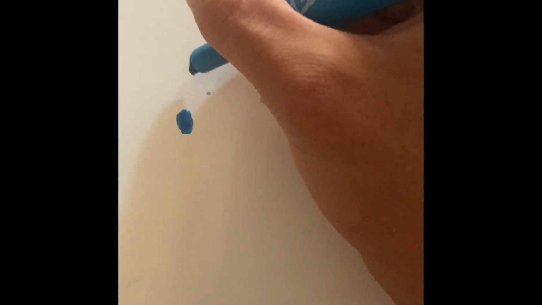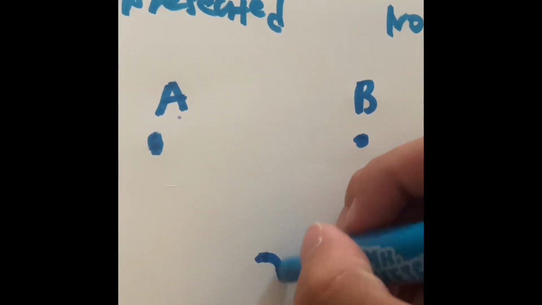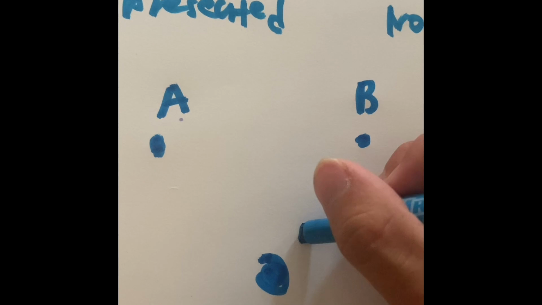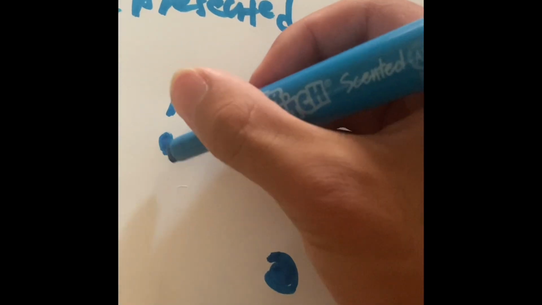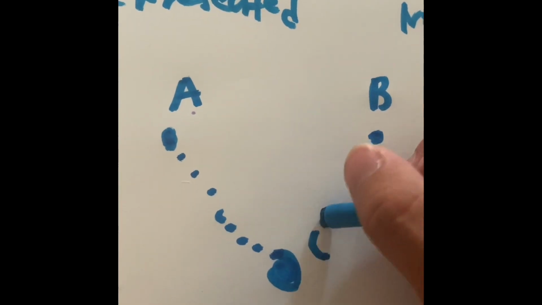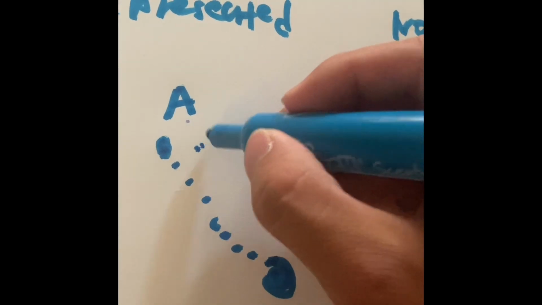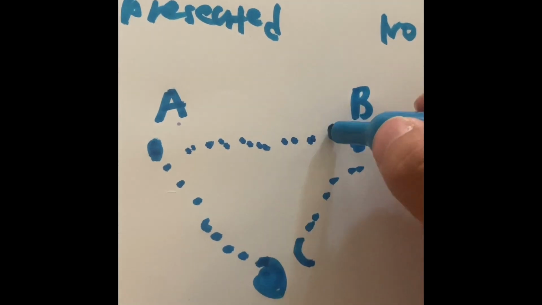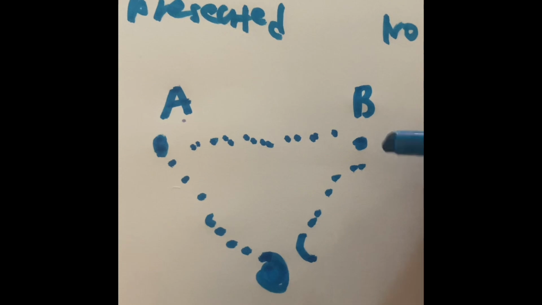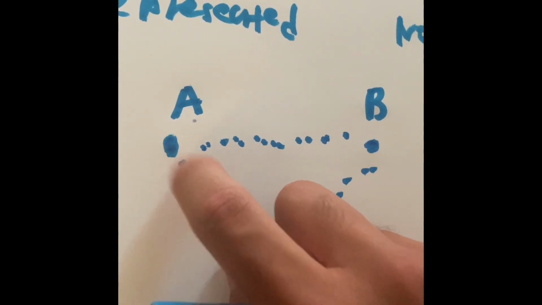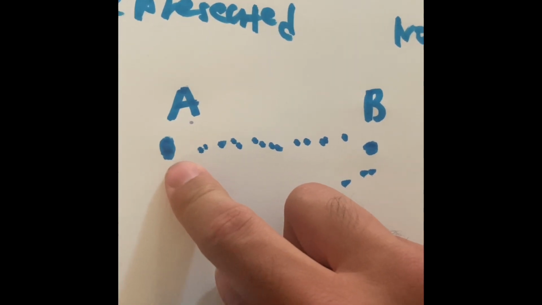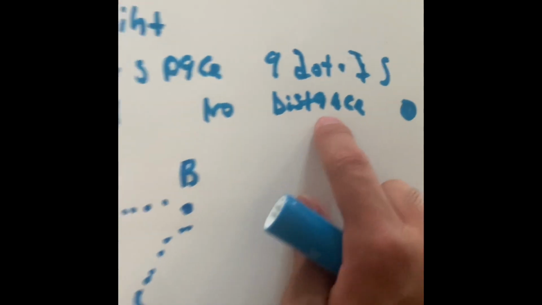For example, this is going to be point A. Over here is going to be point B. And over here is going to be point C. Notice how if you connect the dots, they form a triangle. So points are supposed to understand and point out a specific location, but it has no distance.